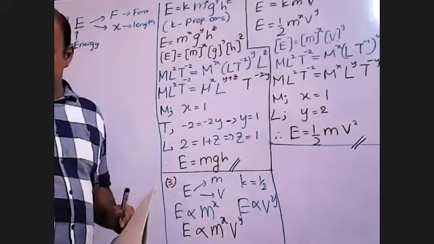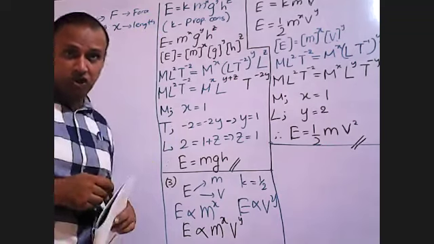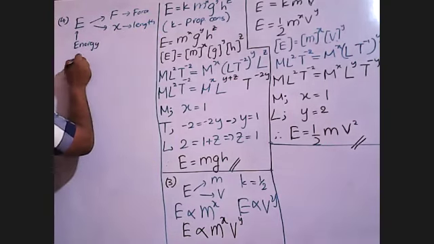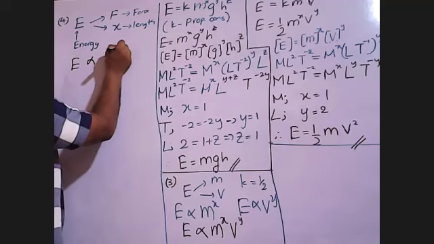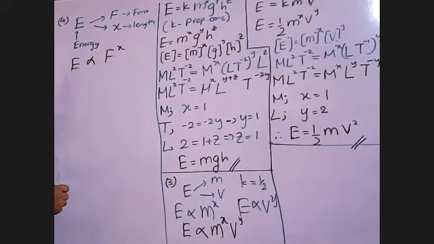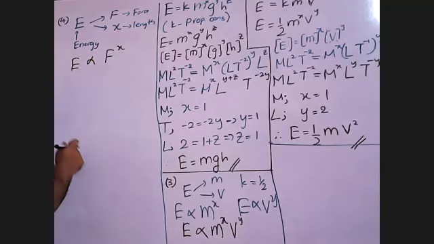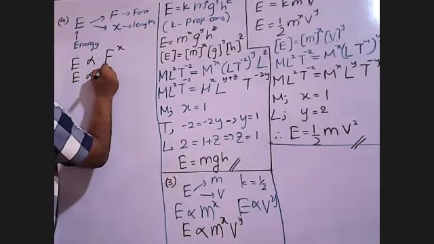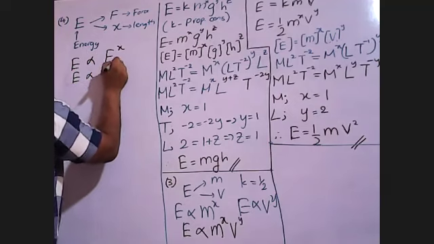Then, as the first step, I can assume the relationship between these. So I can assume E is directly proportional to F to the power x. And then, E is directly proportional to X to the power y.